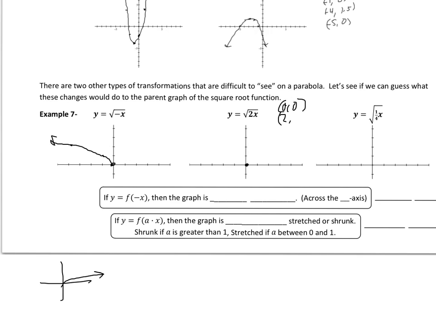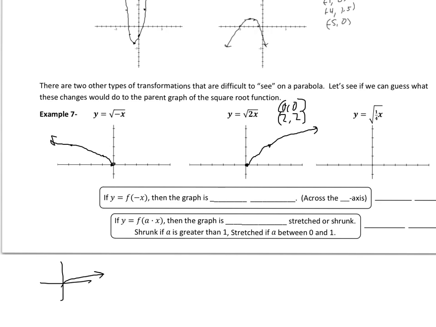Yeah, y is going to be 2 as well, correct? Because 2 times 2 is 4, and the square root of 4 is 2. So what does that do to it? Yeah, it just kind of stretches it, okay?